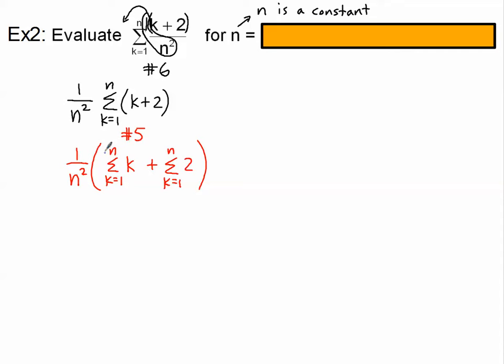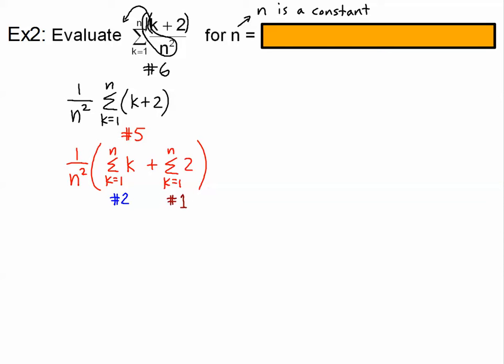And now I see I have this, and I know what formula that's going to be equal to. And I have this, and I know what formula that's going to be equal to. I'm going to be using formula number 2 for this one, and I'm going to be using formula number 1 for this one. So let's do that.